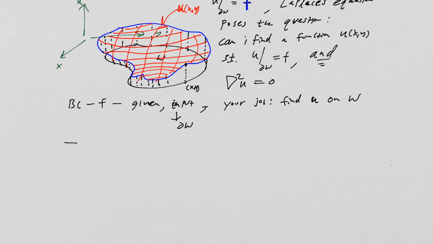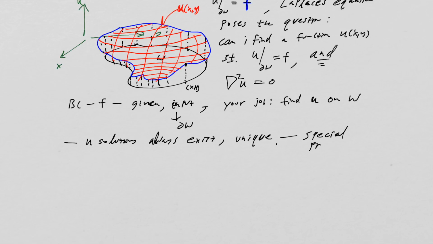So it turns out that of course the solutions always exist, provided that the function on your boundary is well behaved enough, and they're unique. And they also have lots of special properties. We won't get into all the special properties.